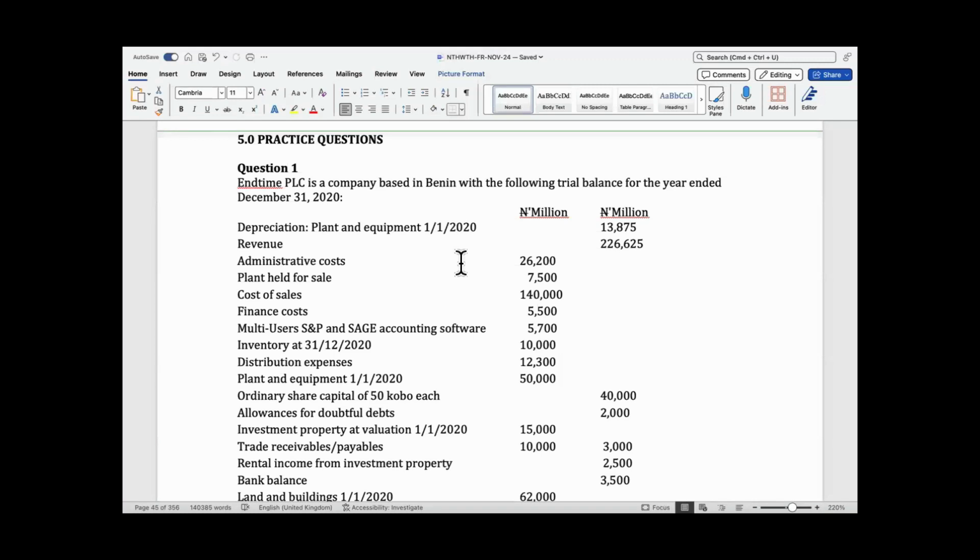So our focus today is just to introduce you to the simplest form of presentation, just for you to learn where to put assets, where to put non-current assets, where to put current assets, where to put revenue, cost of sales. I just want you to get used to that structure.